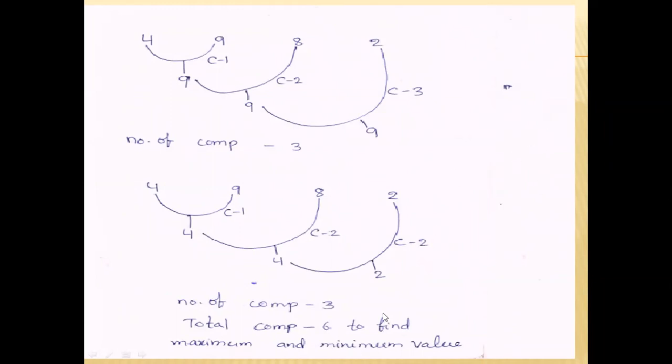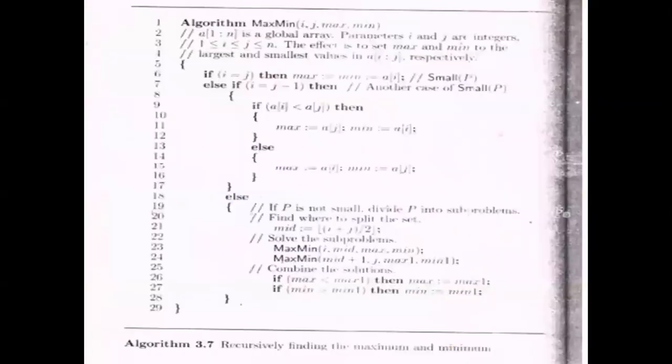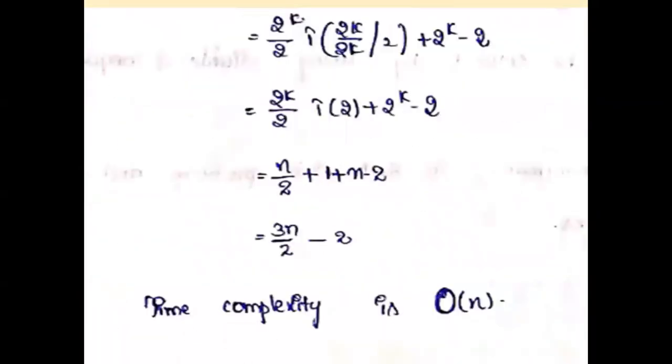So the total number of comparisons is 6. By using the divide and conquer method, the total number of comparisons is 3n by 2 minus 2: 3 into 4 is 12, 12 by 2 is 6, and 6 minus 2 equals 4.